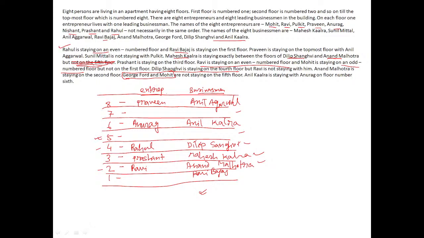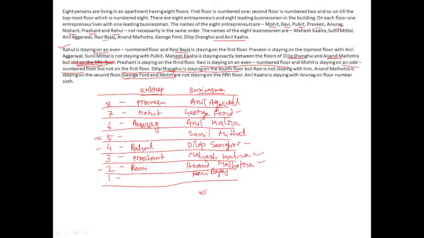So George Ford and Mohit come in the 7th place. So here is Mohit and here is George Ford. Right? So only one place for a businessman is left, which is Sunil Mittal. So on the 5th floor, Sunil Mittal is here.